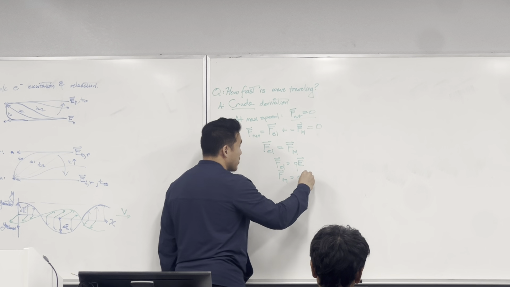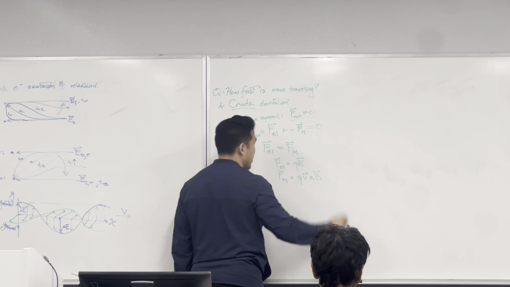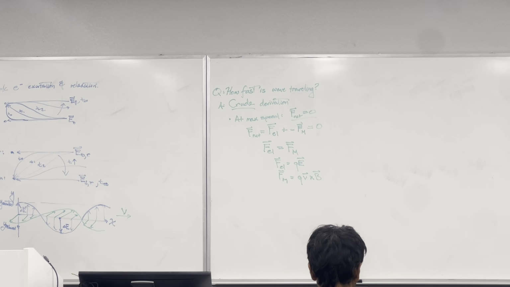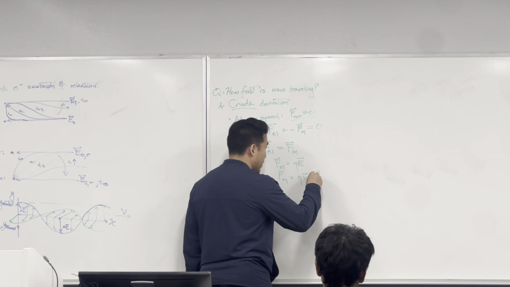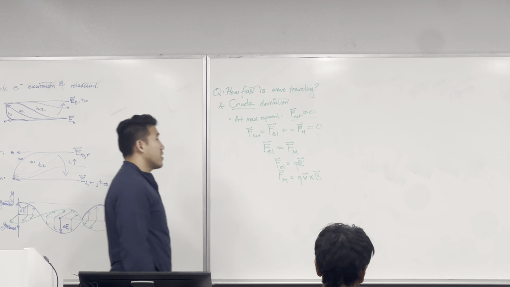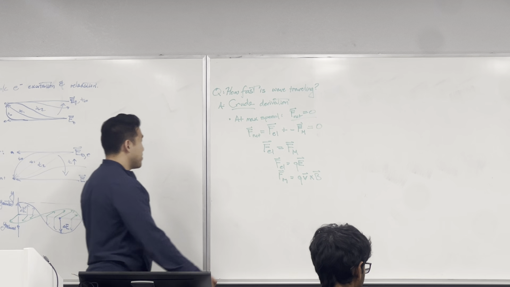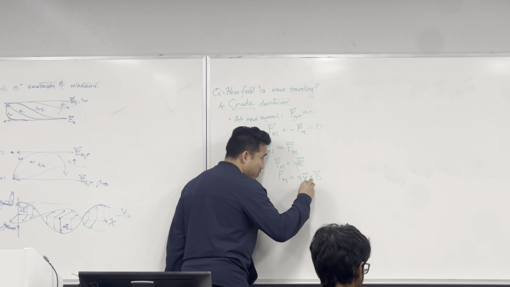This is equal to Q times V cross B. Well, what is the magnetic field B?